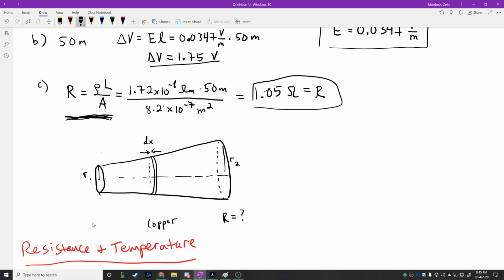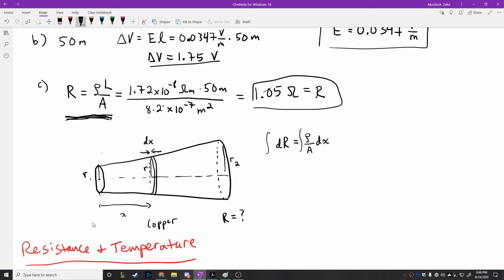Then the resistance of one tiny piece is equal to the resistivity divided by the area times dx, and you have to integrate. It's not much harder than things you've done before. One thing that's tricky is that the distance you travel in this direction is related to the area, because you're going to have some radius at this point, and the size of that radius is related to the slope of this line.